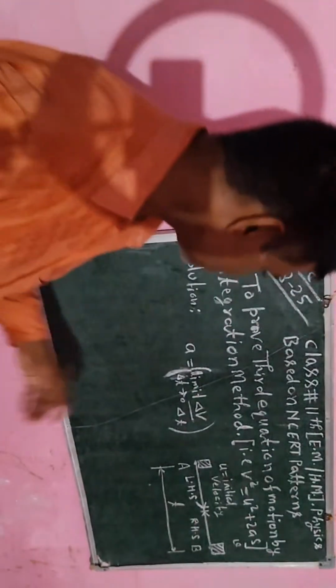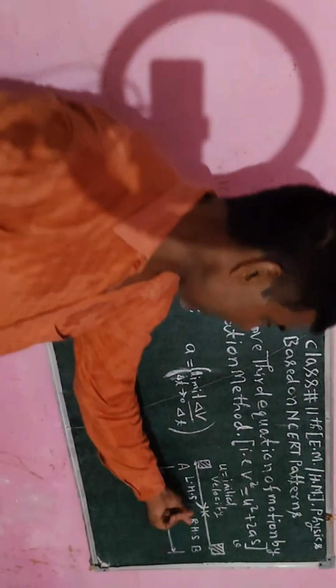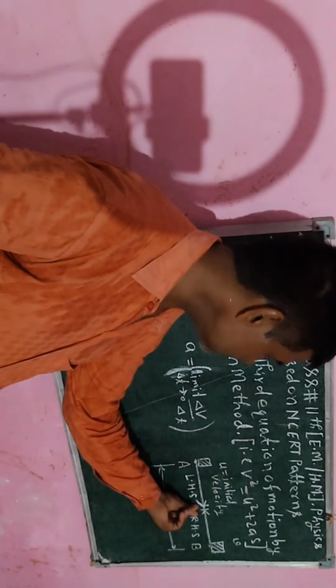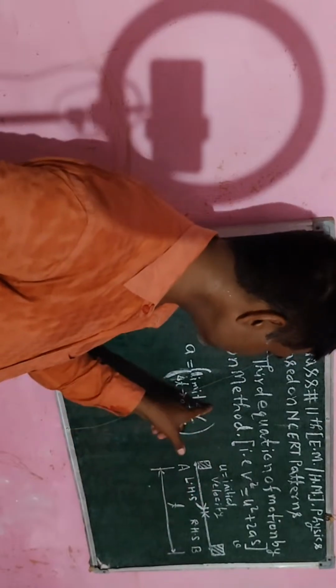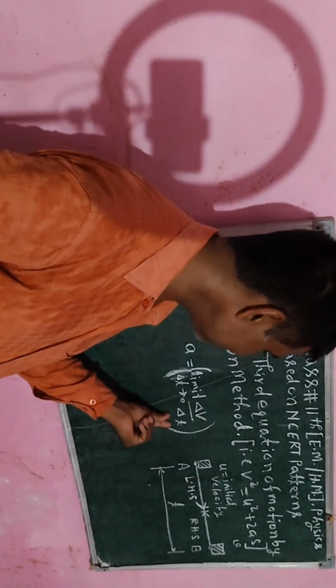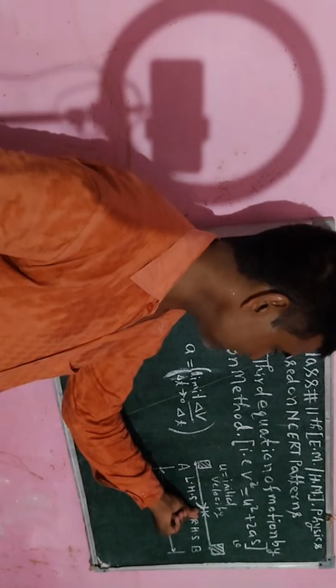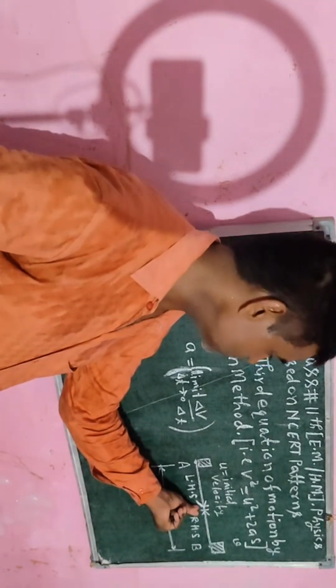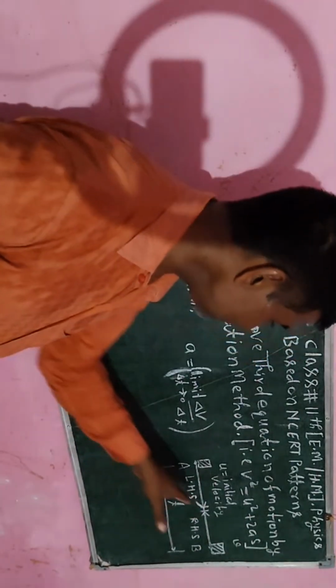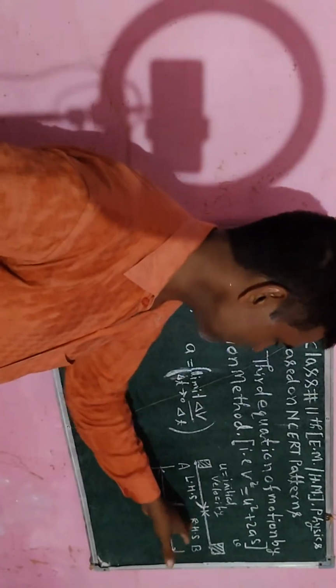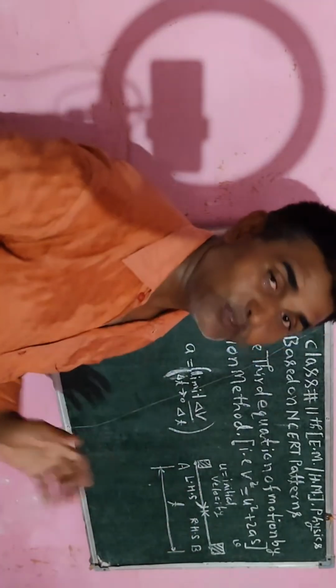During this distance, I will say the change in velocity will be delta v divided by delta t, because the time will be delta t. This is the smallest distance. So I will take its left hand limit value and right hand limit value. Both will have the same value.